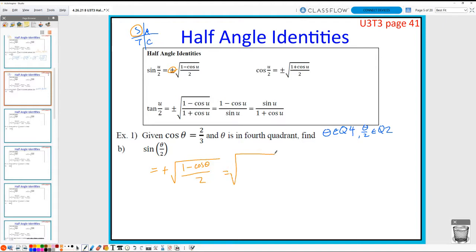But from here on out, I'm not going to write it out. 1 minus 2/3, because that's, again, given to me here, over 2. So that's root 1/3 over 2, which reduces to 1 over root 6. Okay, because the square root of 1 is just 1.